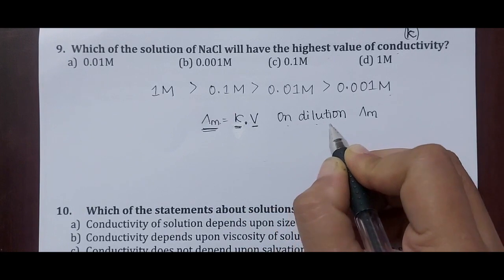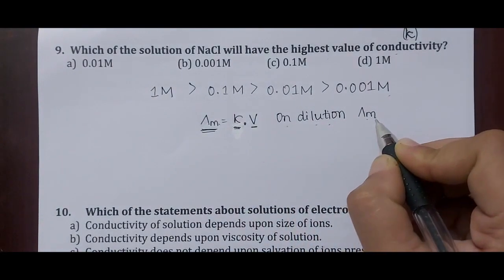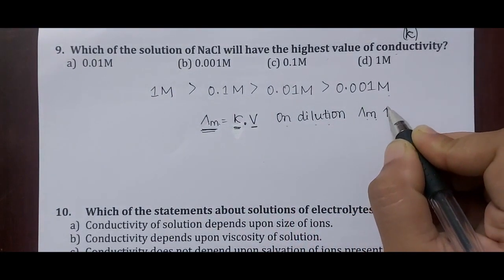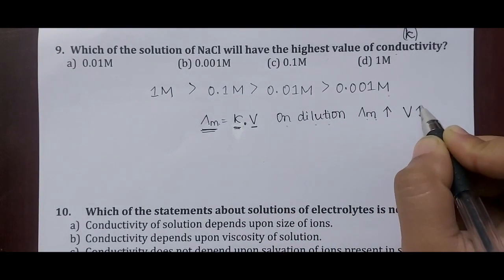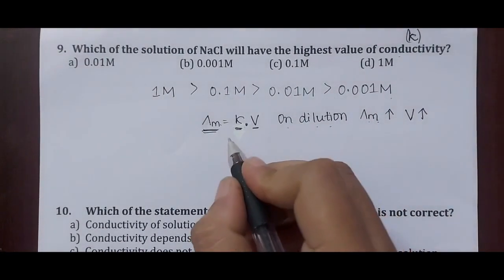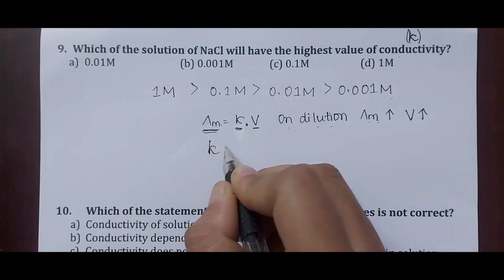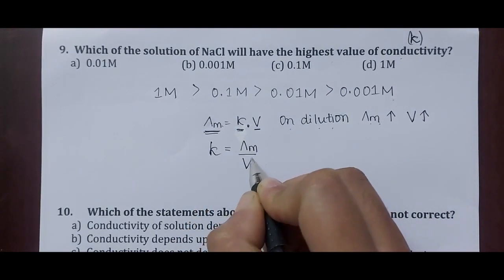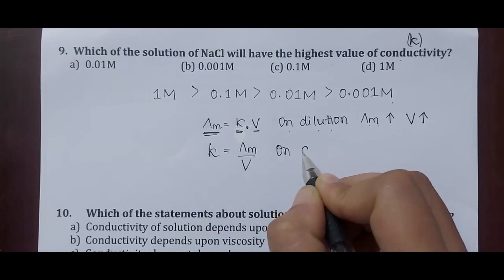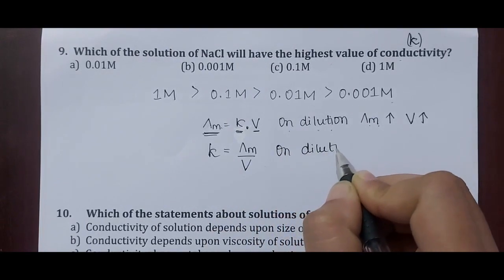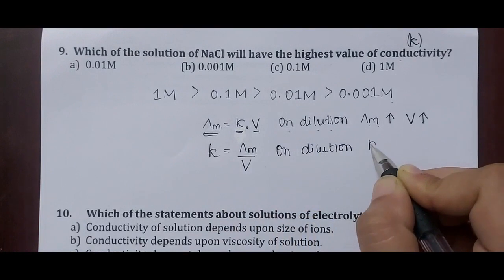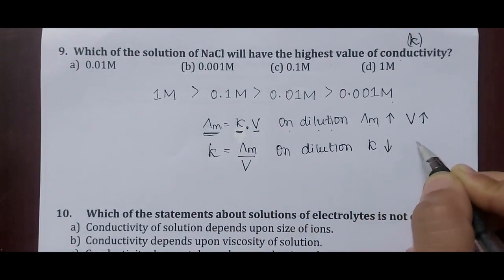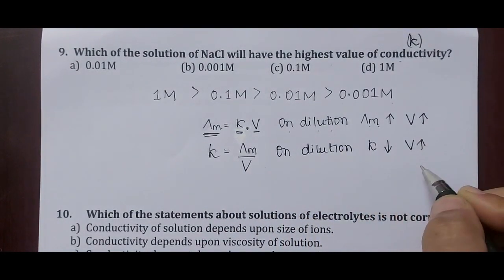So on dilution, lambda m increases because volume increases, and if you rearrange this equation, we get kappa equal to lambda m by V, which indicates that on dilution, the conductivity, that is kappa, decreases as the volume increases.